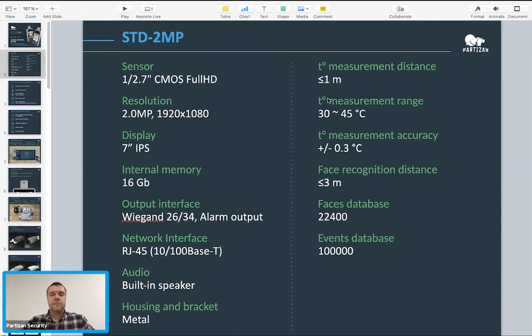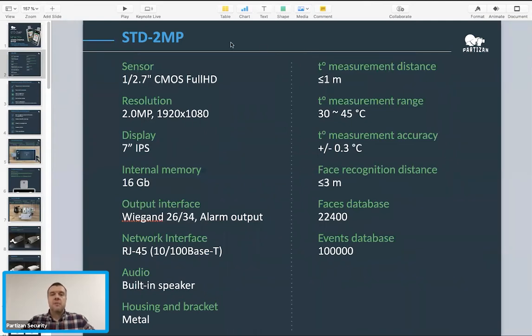The device has an input and output, and an alarm output, which you can use to open the door or trigger an alarm. It also has a built-in speaker, so it can speak to you, notify you, warn you or sound an alarm.